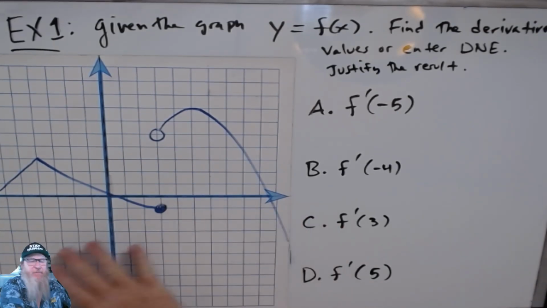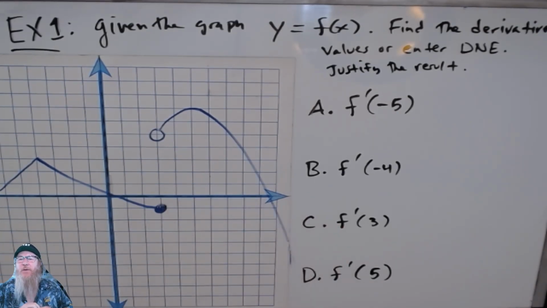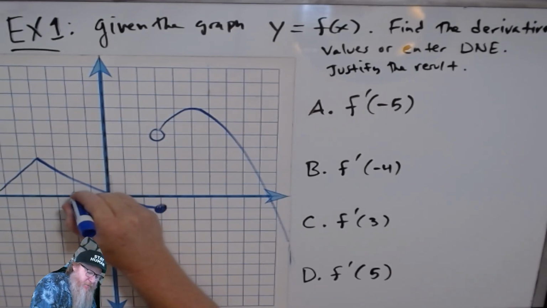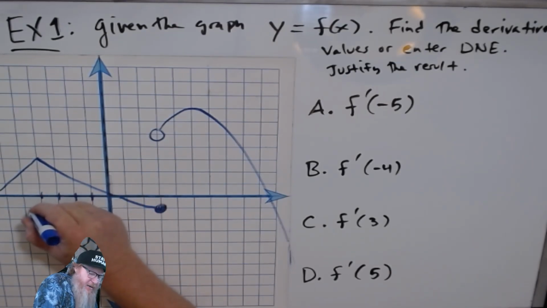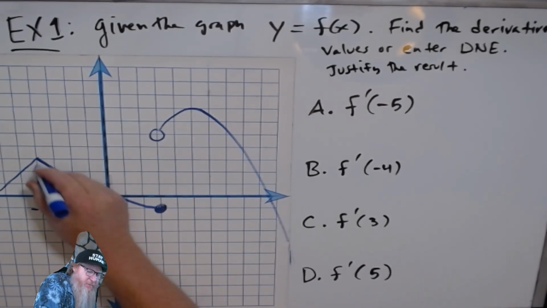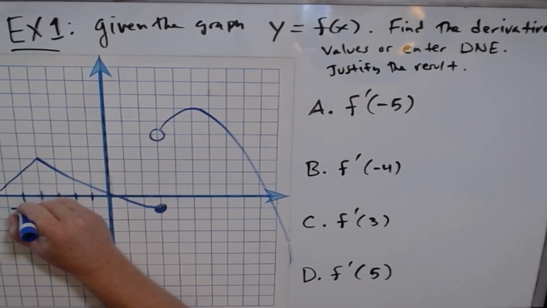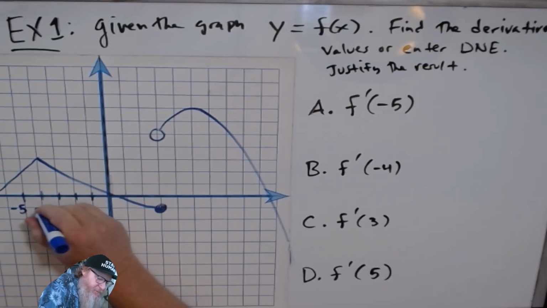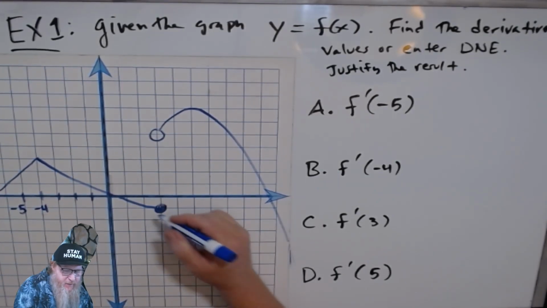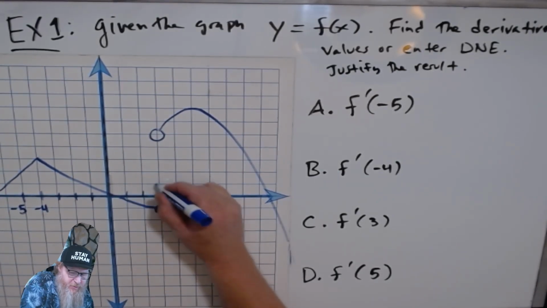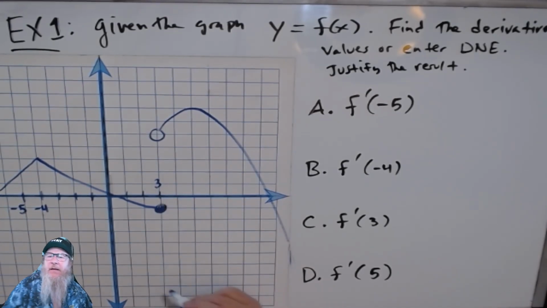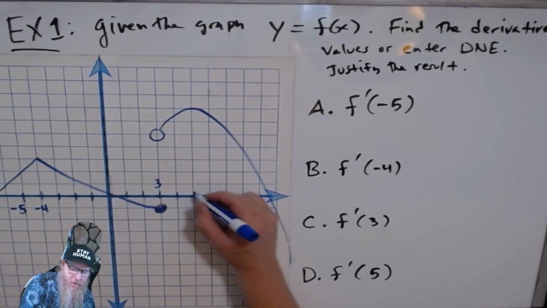Let's assume that every box represents 1 unit. So just to mark off a scale here, we've got -1, -2, -3, -4. We're talking about this point there. -5. We're talking about that point right next to it. What else we got here? 1, 2, 3. And then 4 and 5.